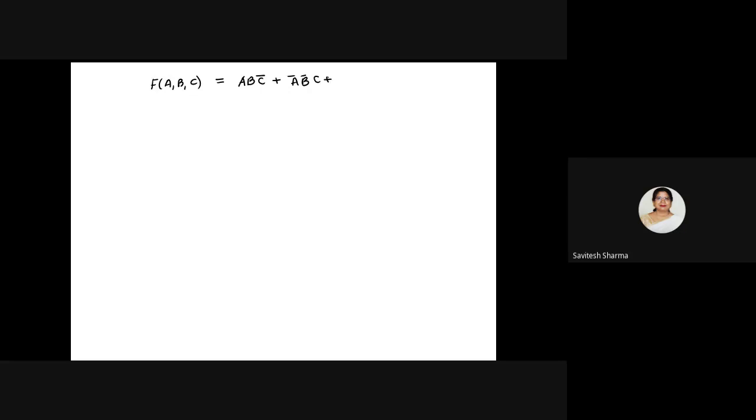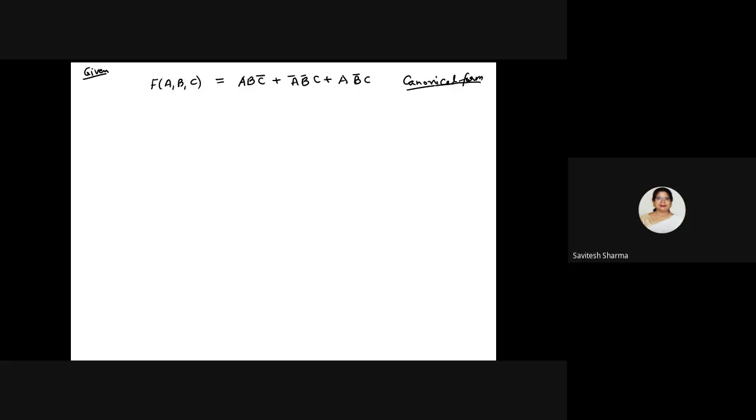This time I am not giving you the min terms. Which form am I giving you? This is the given function, so I am giving you a simple canonical form.